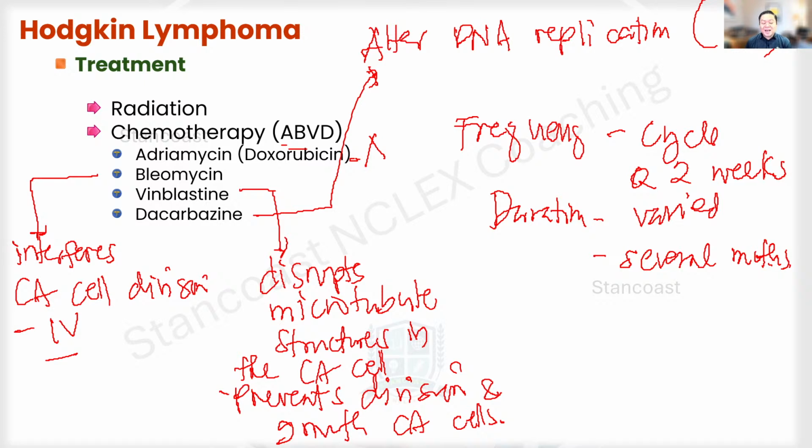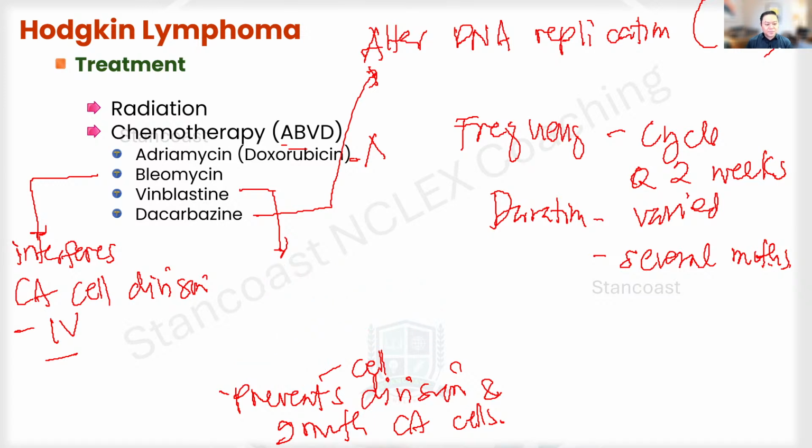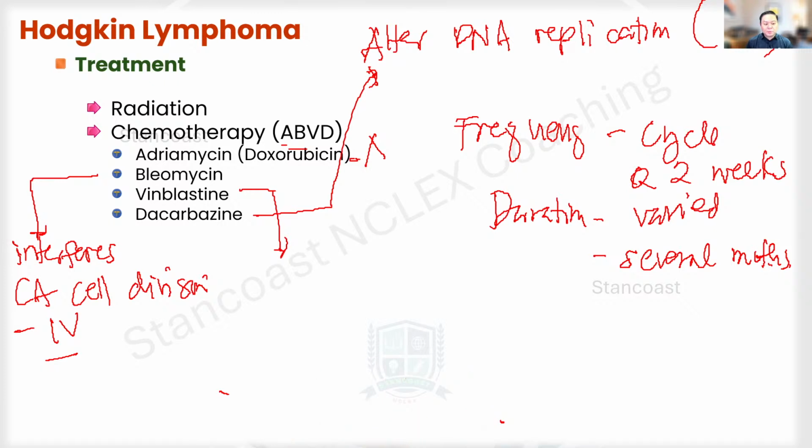And we have to take note also that these medications can cause some major side effects. So we'll talk about the side effects this time. What are those side effects? We can identify those most common ones. You probably know already about the nausea, vomiting. So let me put those in.